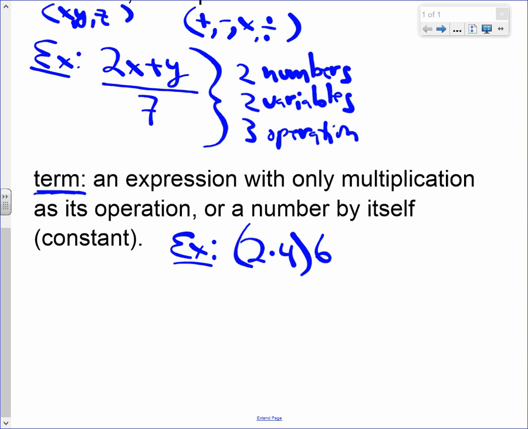That's a term, ladies and gents. This is a term because it has 3 numbers, but the only operation in town is multiplication. 2 times 4, and then whatever that is times 6. That's only one term, believe it or not. We're going to put one term.